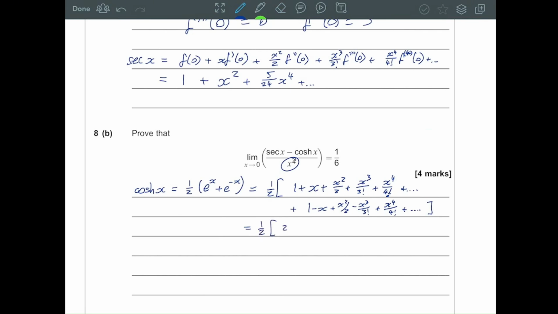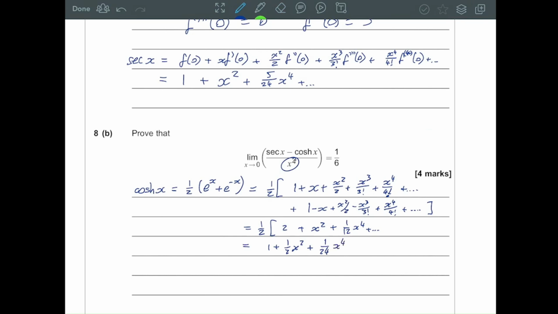The x's cancel. We've got 2 lots of a half x squared, and 1 over 12 x to the 4, etc. So that's going to be 1 plus a half x squared plus 1 over 24 x to the 4.